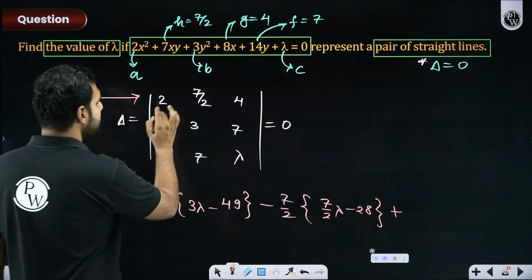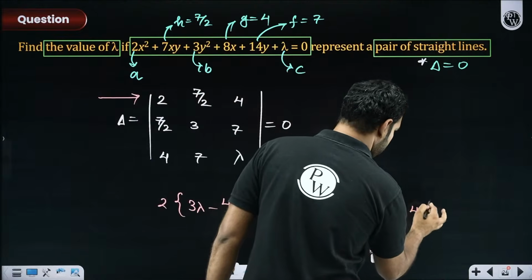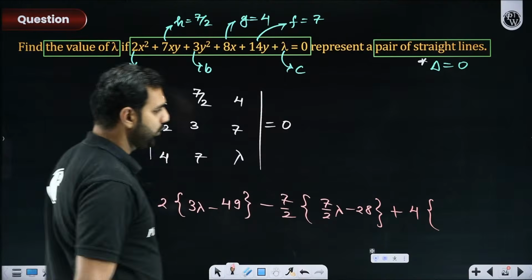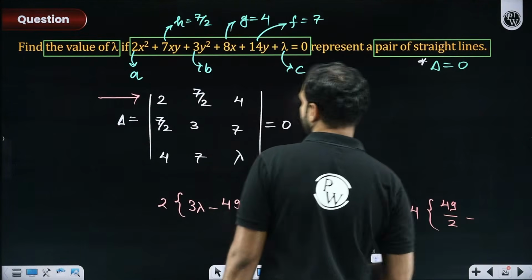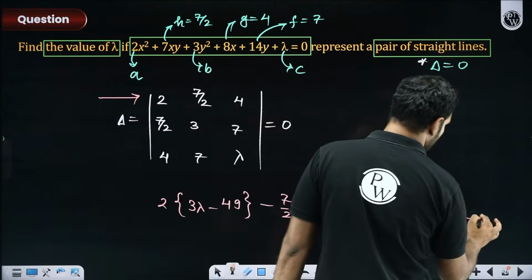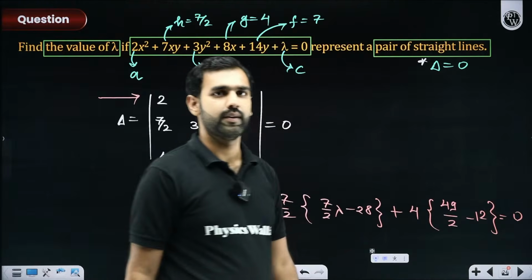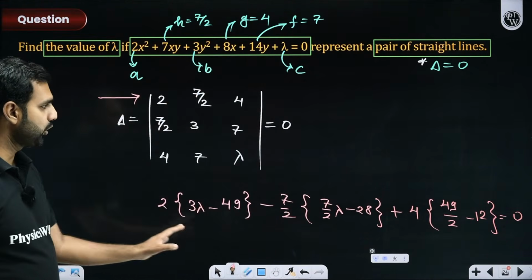Plus 4 times 7 by 2 into 7, which is 49 by 2, minus 4 into 3, which is 12. And this value should be 0. Did you all get this result, or shall I re-explain this?